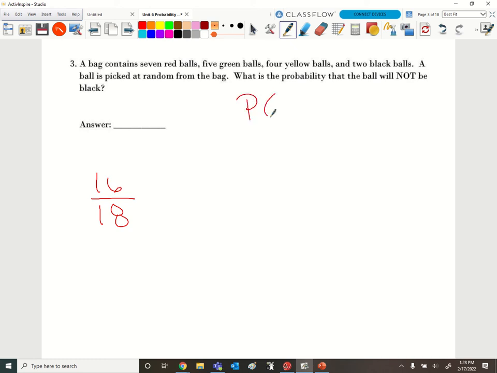It's probability of, let's say, black, like this. Remember this notation here? The complement means it is not that, right? So if black was 2, everything else, so I take whatever that is and I subtract it from my total, right? And that's going to be the complement. So here, what am I getting here? Does that make sense? Anyone questions? We good? I'm hoping.